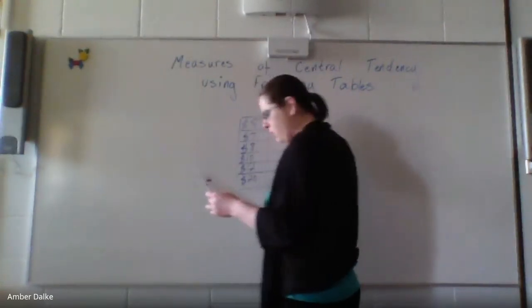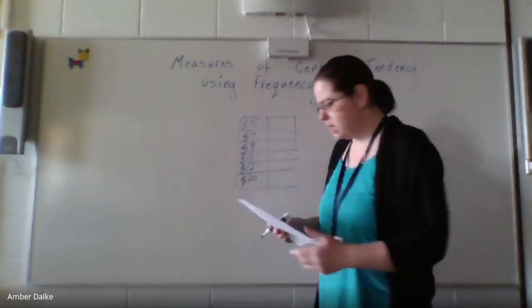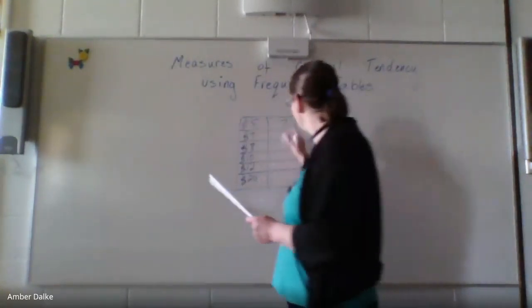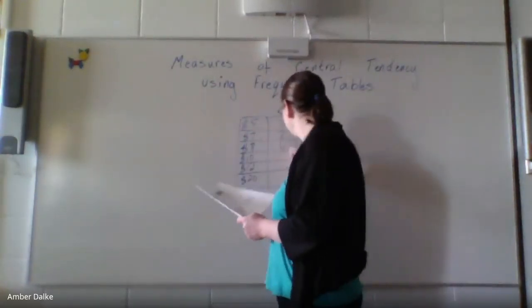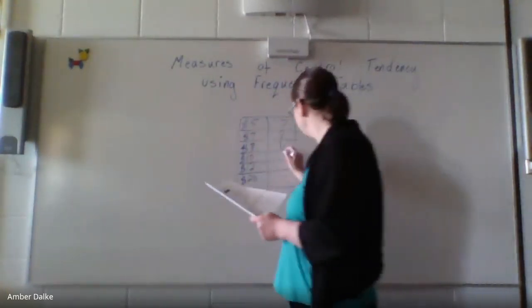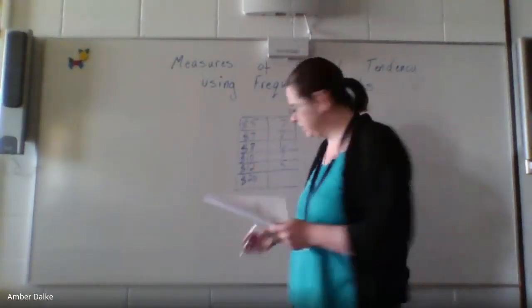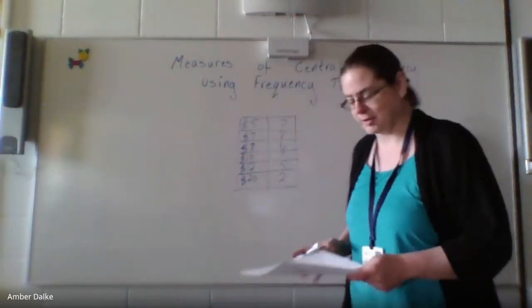And then over here on the right-hand side, it tells you how many pairs they sold. So they sold 7 pairs of $5 shoes. They sold 8 pairs of $7 shoes. They sold 6 pairs of $8 shoes, 7 pairs of $10 shoes, 5 pairs at $12 a piece, and apparently only 2 of those really expensive $20 shoes.